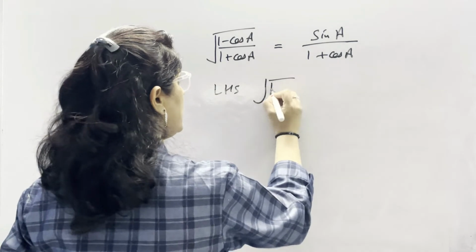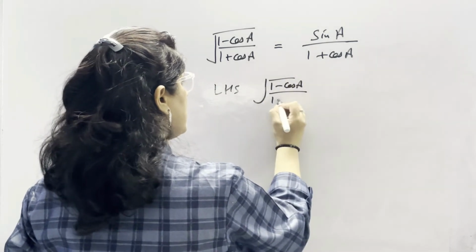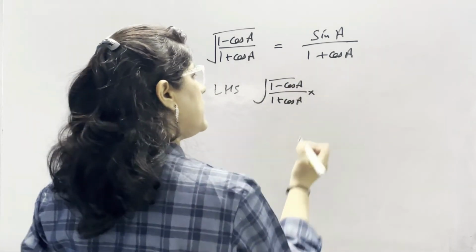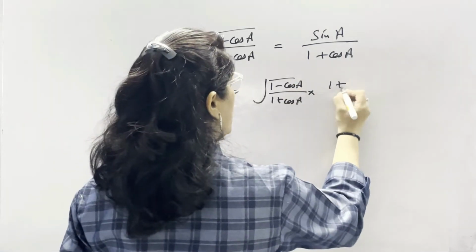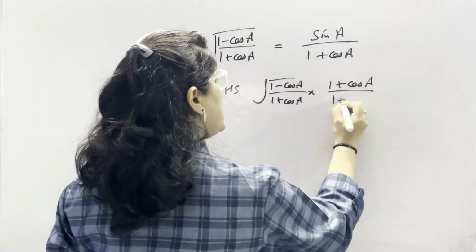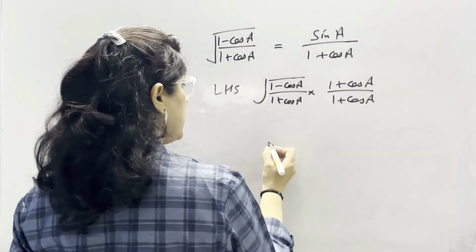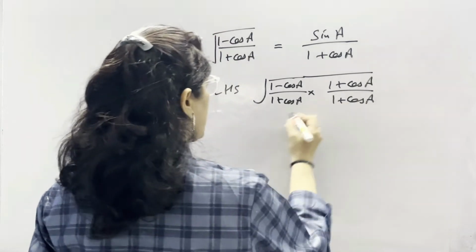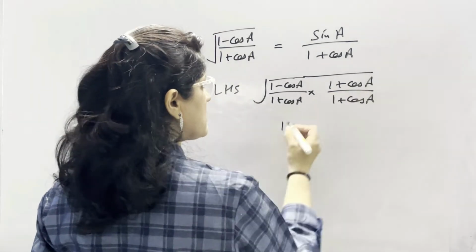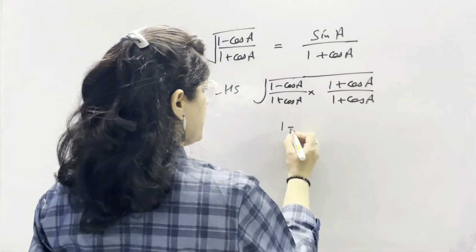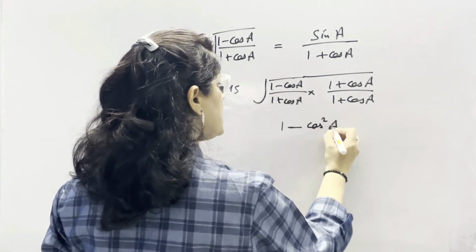It means under root 1 minus cos A upon 1 plus cos A, and we need to multiply both numerator and denominator by 1 plus cos A. So in the numerator, 1 minus cos A, 1 plus cos A, it means A minus B, A plus B, which is A square minus B square.